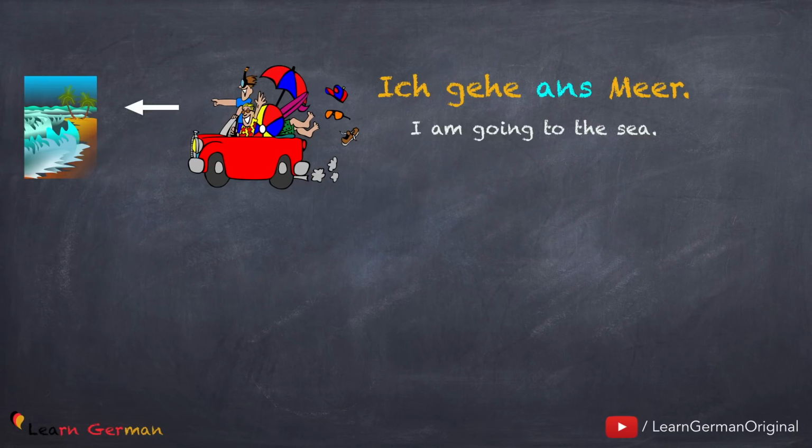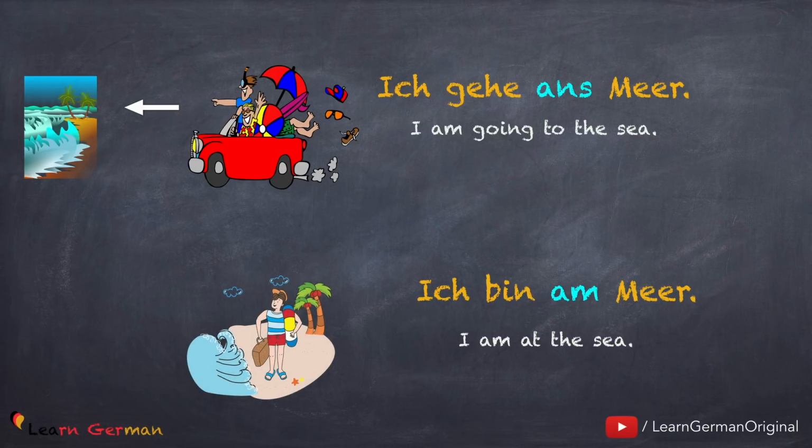Ich gehe ans Meer. The article for Meer is das, and together with an, you use ans. The next sentence is Ich bin am Meer. Das Meer will change to dem Meer in Dativ. An and dem Meer together will be am Meer.